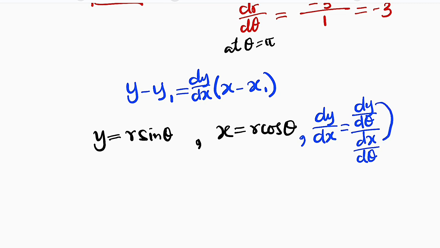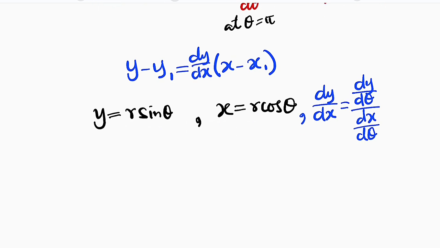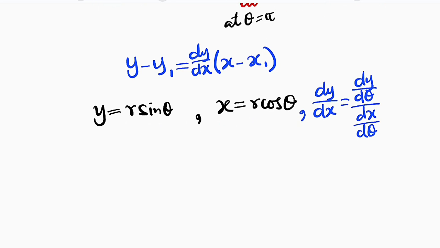Subsequently, you're going to have dy over dx, and we're going to obtain them here. So let us differentiate these two functions separately at theta equal to pi. Here, remember, both r and sine theta are functions of theta, right? So dy over d theta is equal to, since we have a product, we are going to apply the product rule. Let me keep r constant and differentiate sine theta.